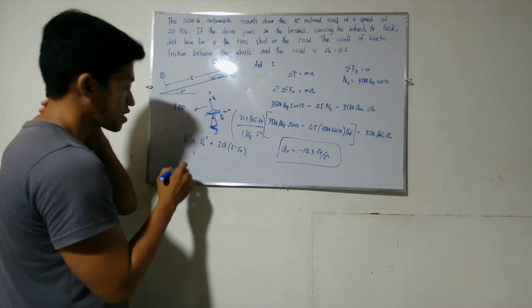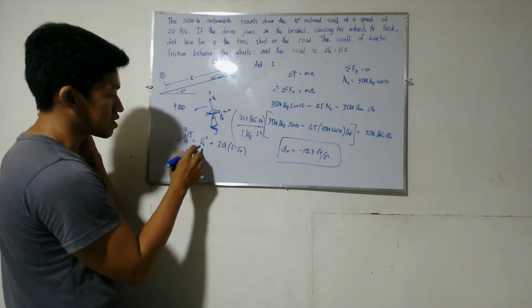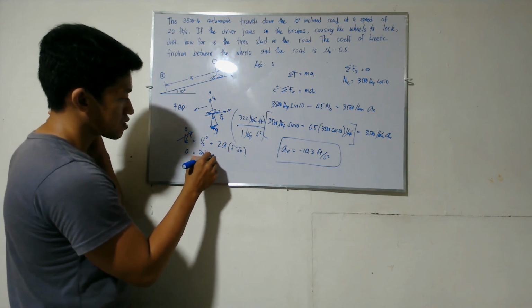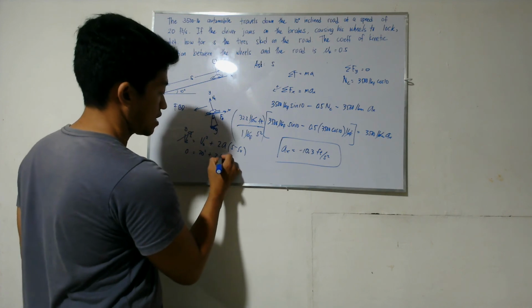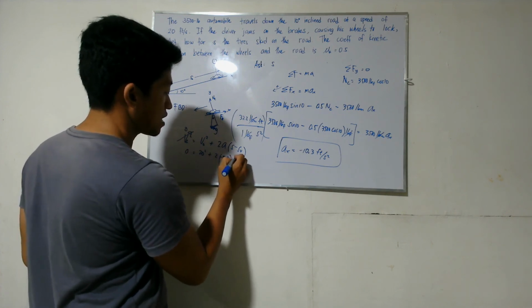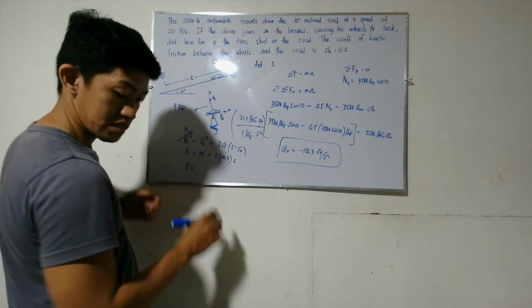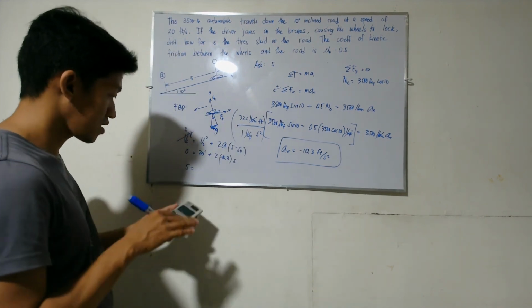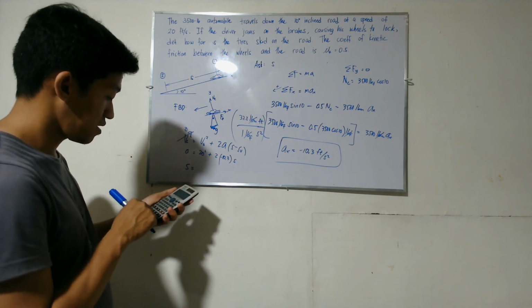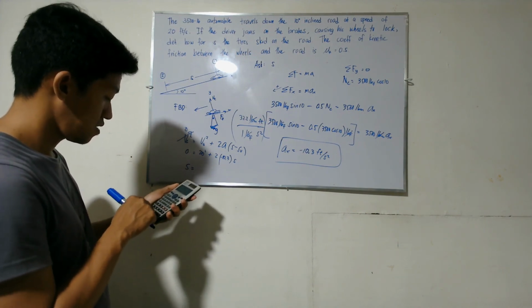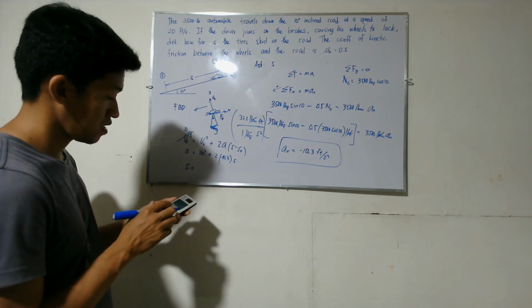So the final velocity is 0. 0 is 20 squared plus 2 times negative 10.3 times S. Therefore S is just 20 squared divided by 2 times 10.3.